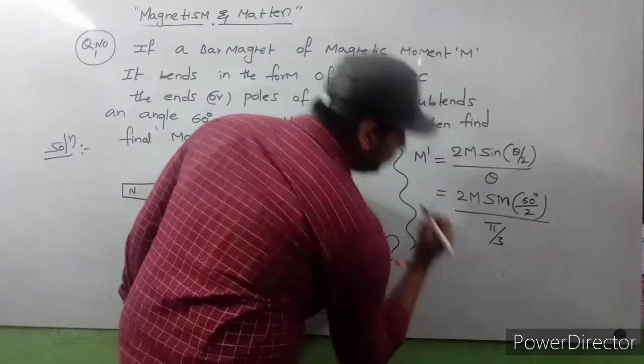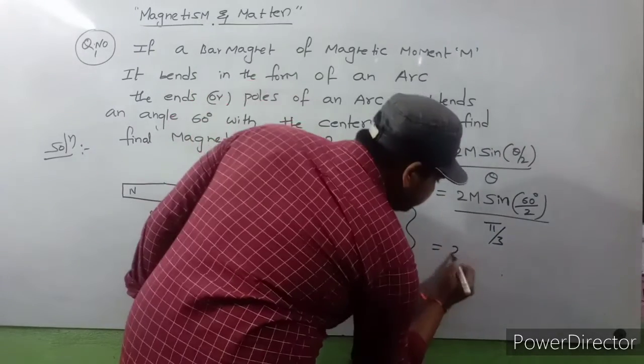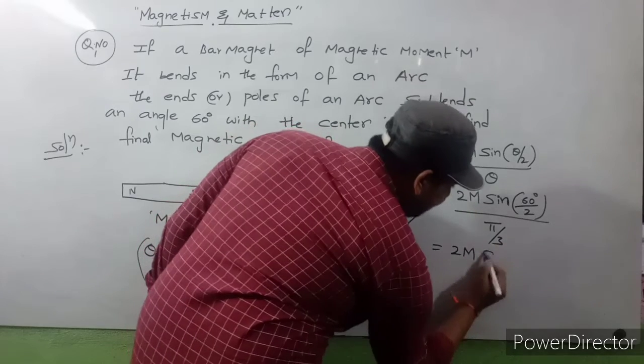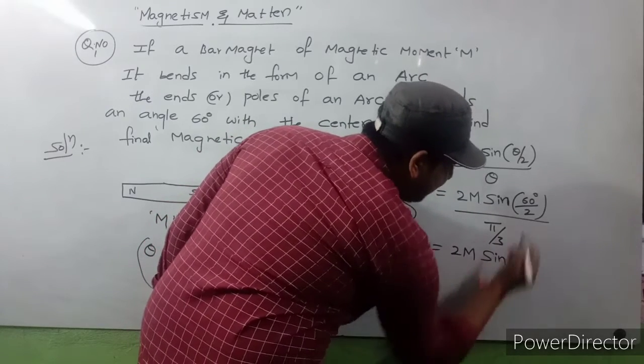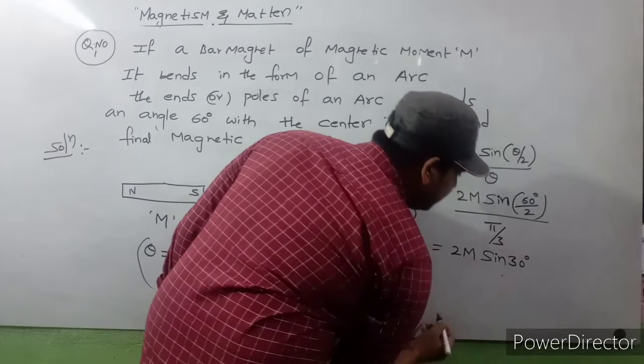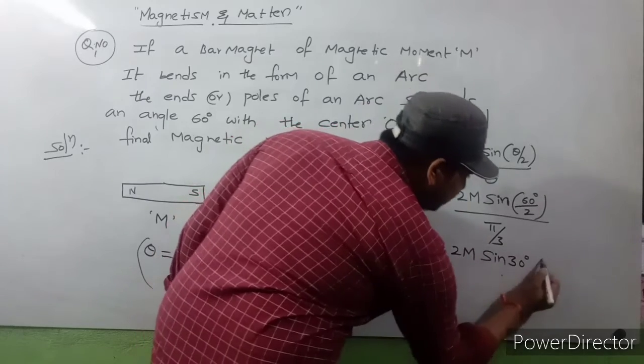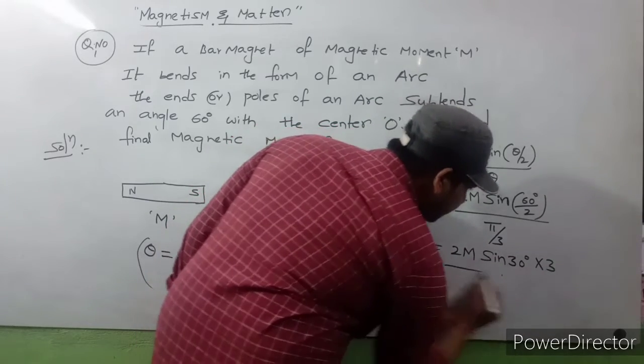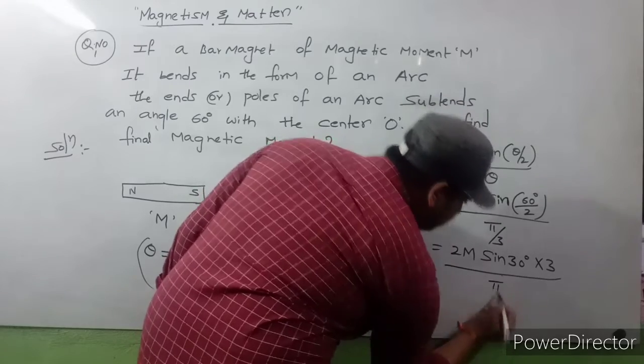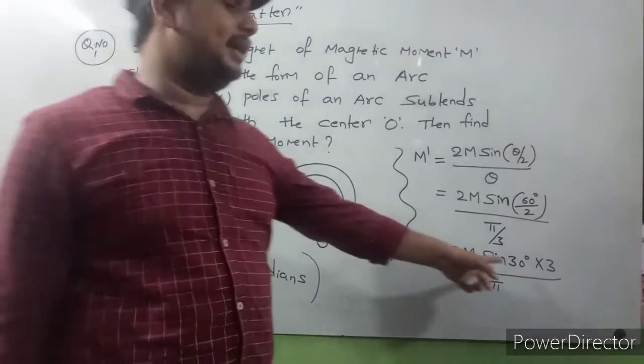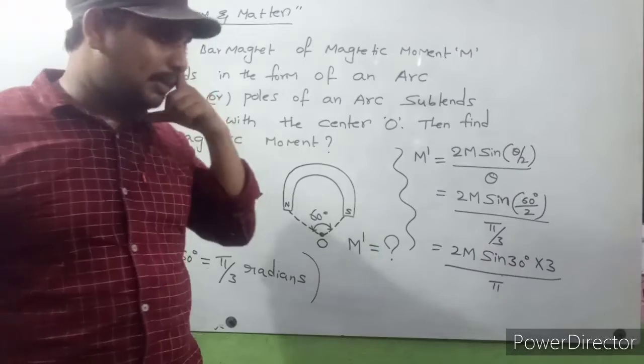So then 2m into sine 60 degrees by 2, which means sine 30 degrees, divided by pi by 3, which means 3 moves to the numerator by pi. Sine 30 degrees value is 1 by 2.